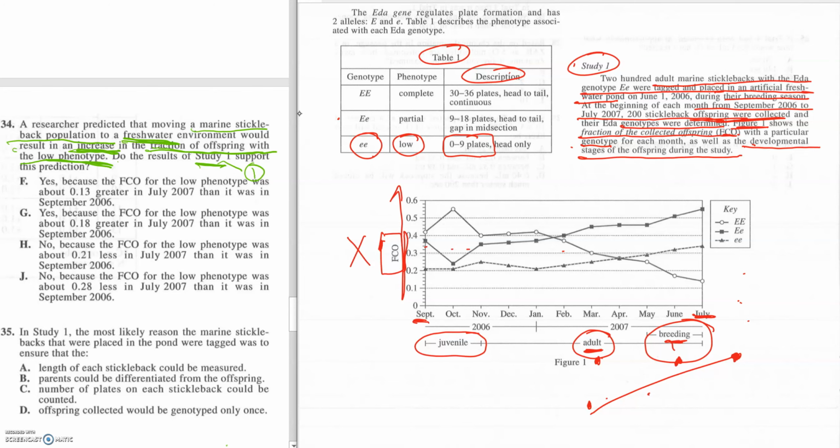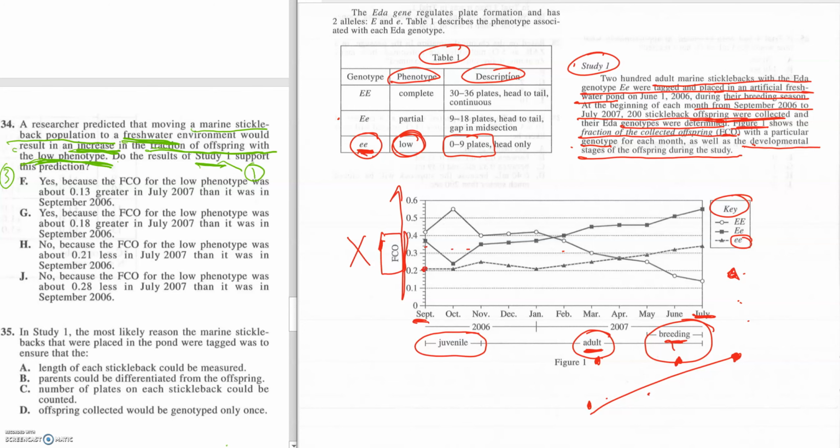So 1 was to find that study. 2 was to offspring with the low phenotype. All right, so I think that's step 3. What's the low phenotype? You can see here on table 1, phenotype low is EE. And we go to the key here and we see that EE is the little triangles. So we look over here and we see that's the bottom line here.